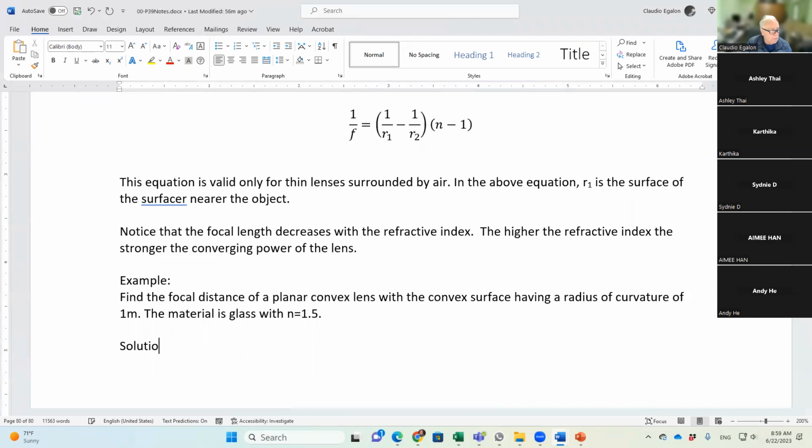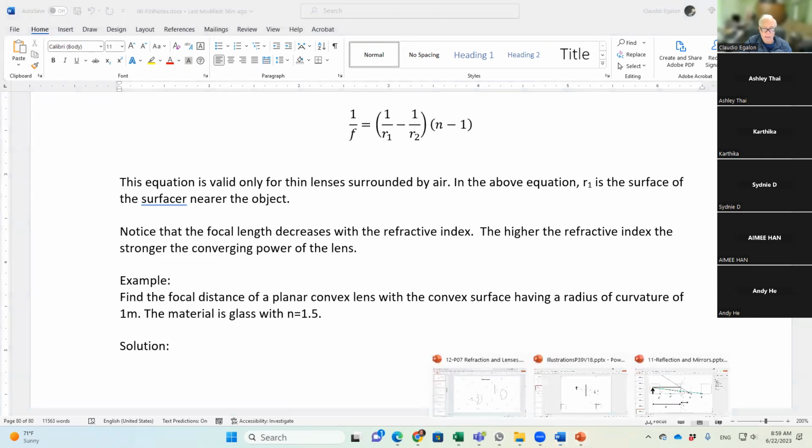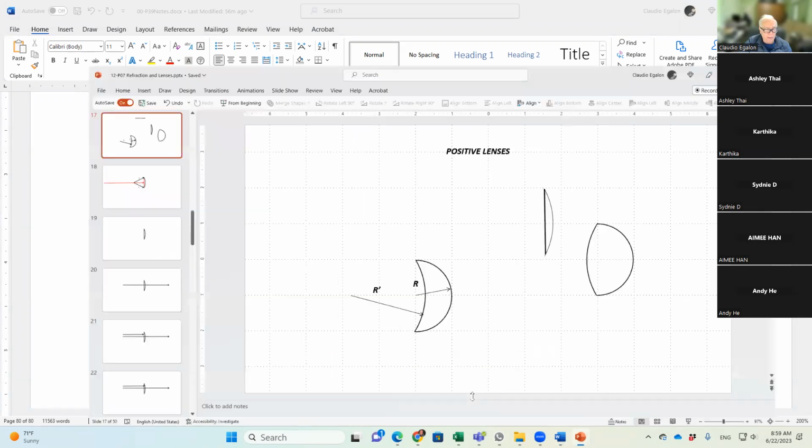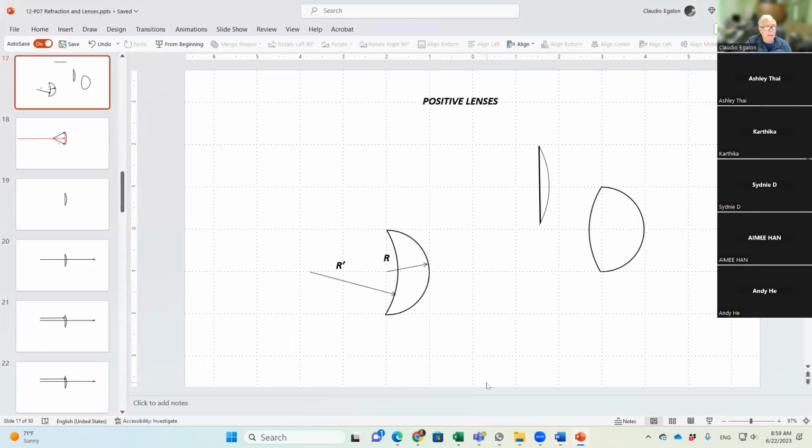Solution. So that would be something like here you go. Let's say an object is right in here.